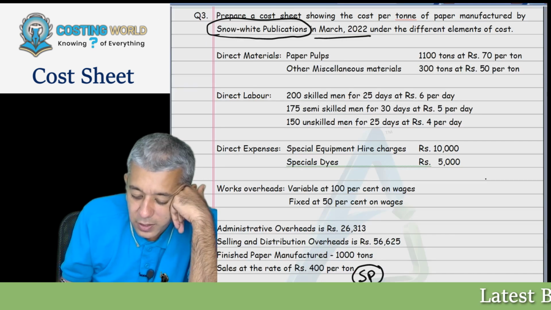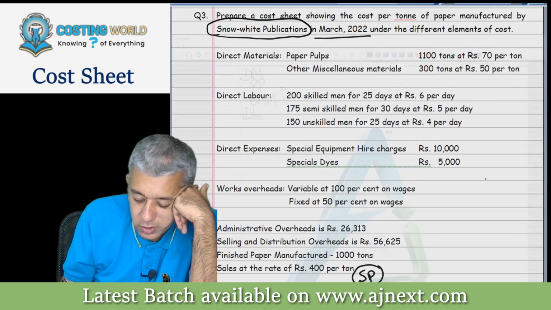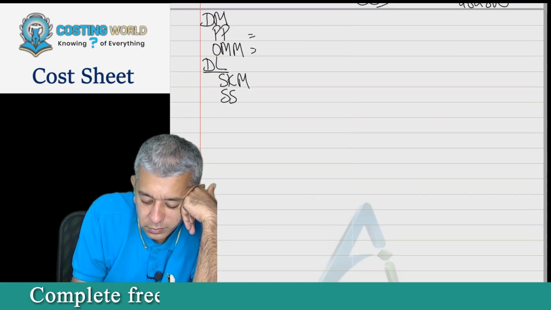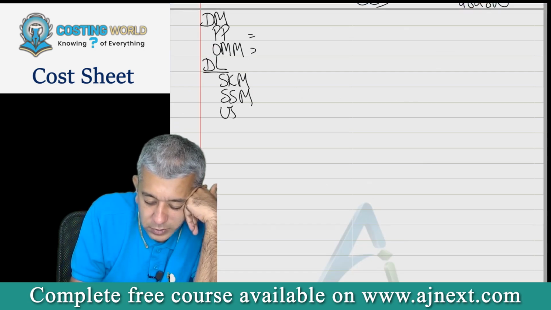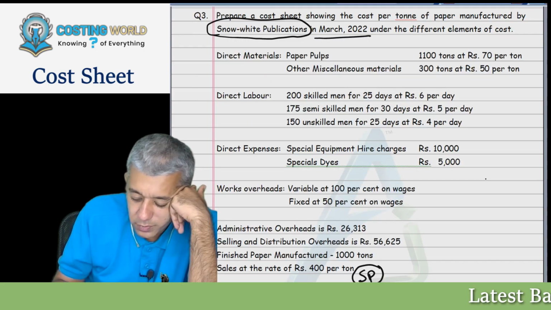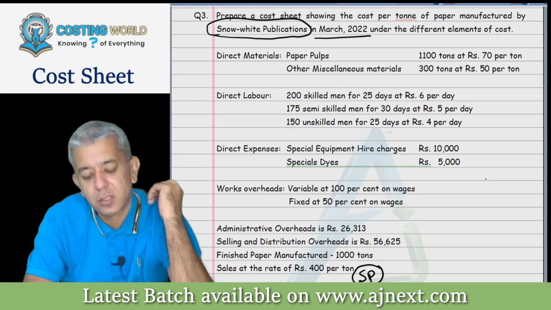On the next line, quantity produced of finished goods is equal to quantity sold of finished goods is equal to 1000 tons.